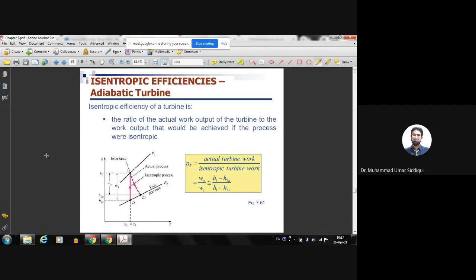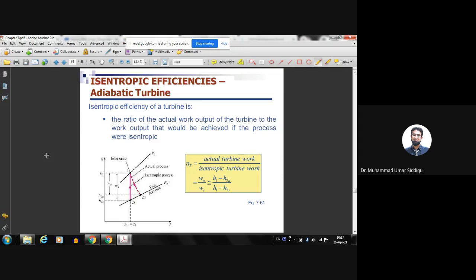But in reality, we have a turbine which is not isentropic. There are irreversibilities in the turbine, there is friction, there is wear and tear within the components of the turbine, and so there will be some heat generation in the process through the turbine, and that heat is lost from the turbine surface, so the turbine does not remain adiabatic.